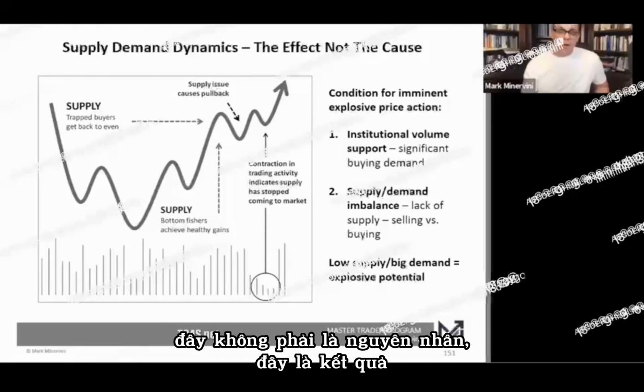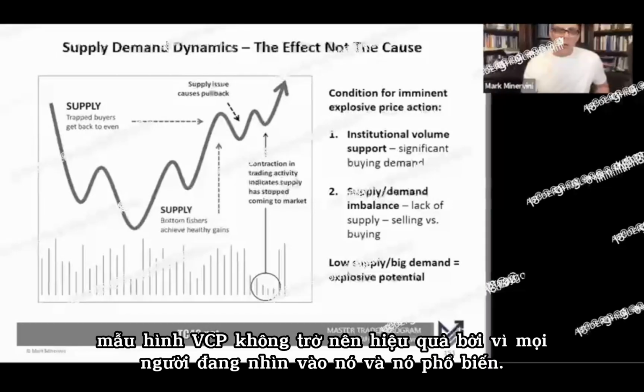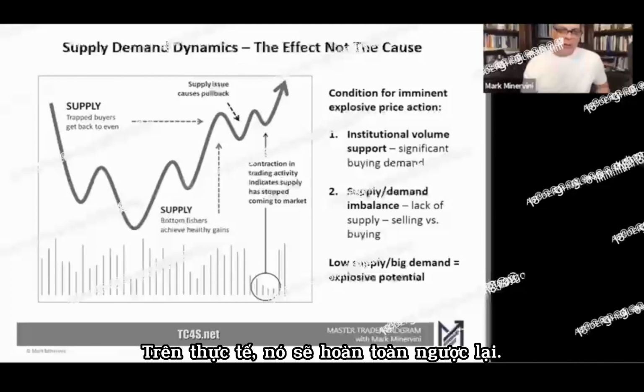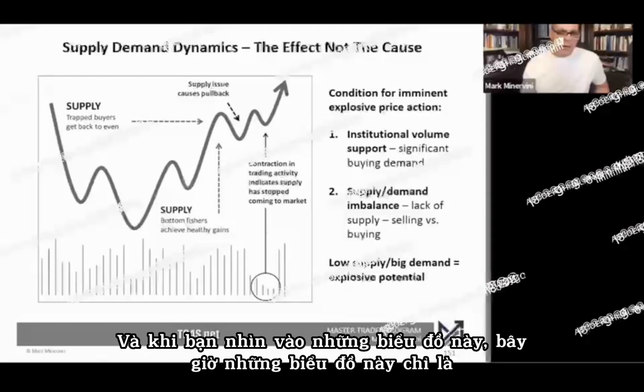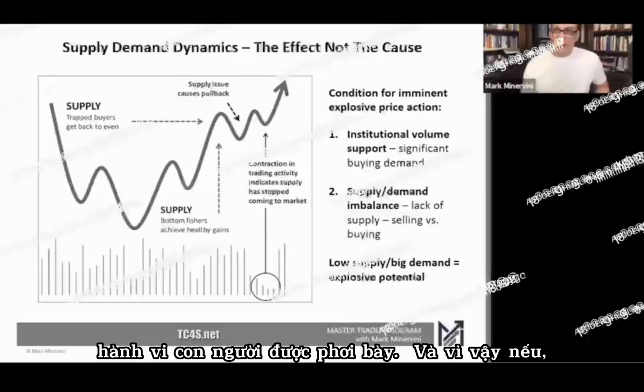This is the effect. This doesn't work because people are watching it and it's popular. As a matter of fact, it would be just the opposite. But it is the effect of supply and demand. And what happens, and when you look at these charts, now these charts are just human behavior on display.